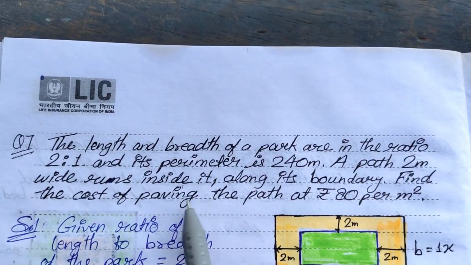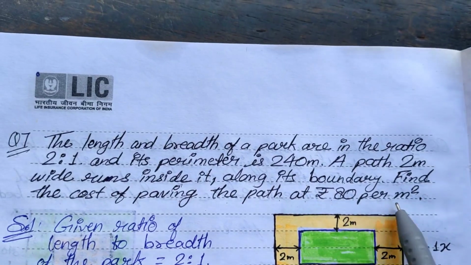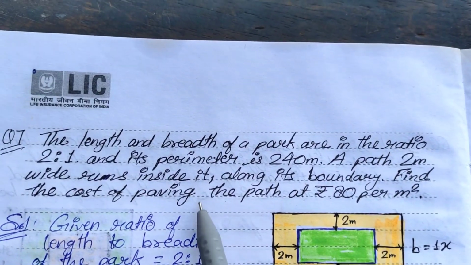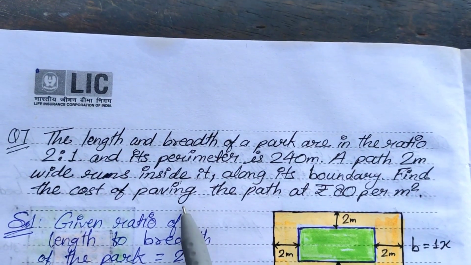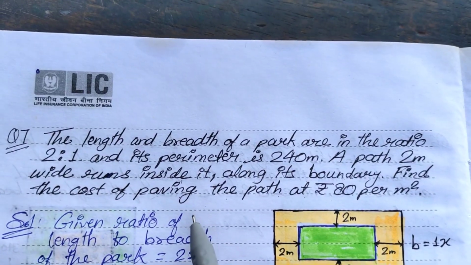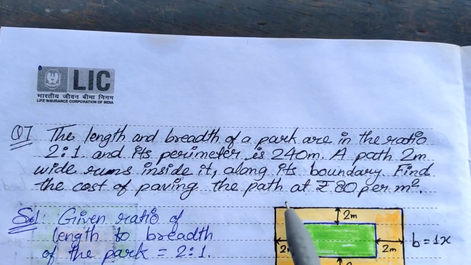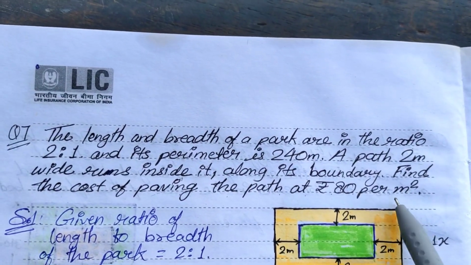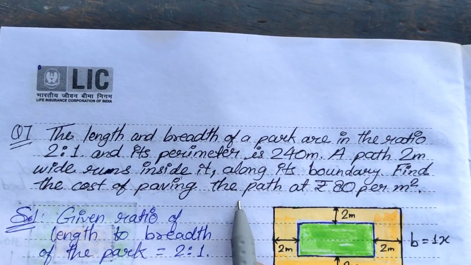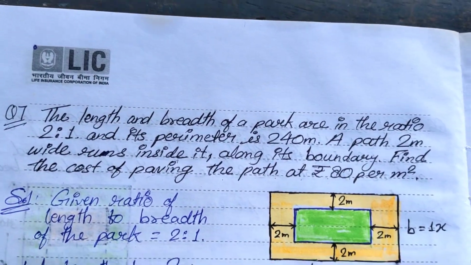Find the cost of paving the path at rupees 80 per meter square. Paving the path means you have to lay down stones, or say construct it, at the rate of rupees 80 per meter square. So you have to find the total cost of paving the path.